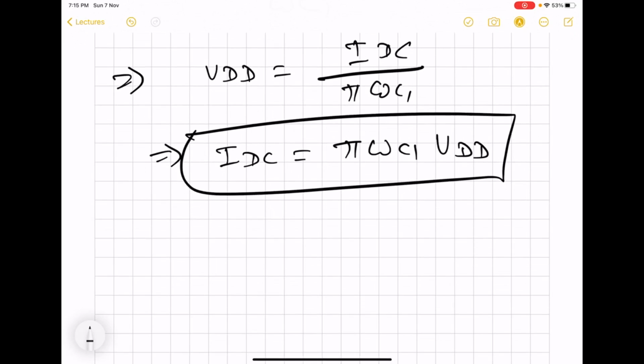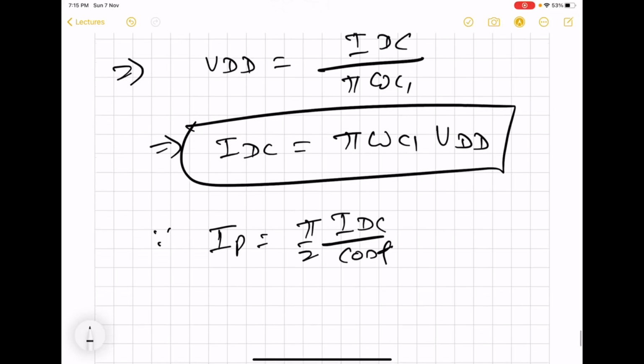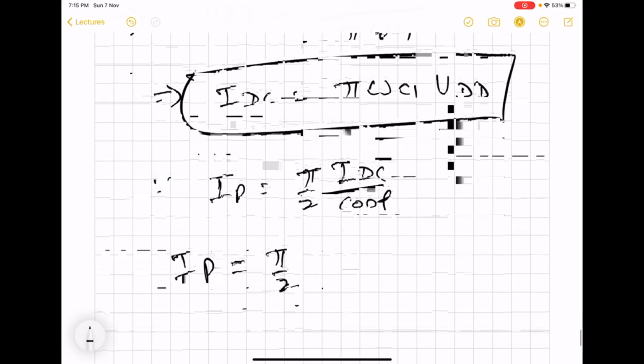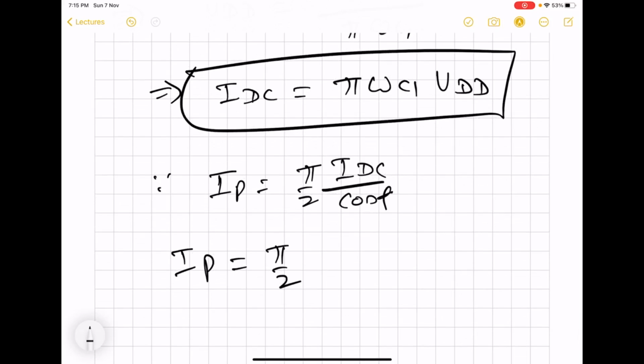So IDC has been expressed in terms of VDD, and IP was expressed in terms of IDC. So therefore, IP can also be written in terms of VDD. Since IP was equal to pi by 2 IDC by cos phi, we can write IP also in terms of VDD as pi by 2, in fact pi square omega C1 VDD by cos phi.